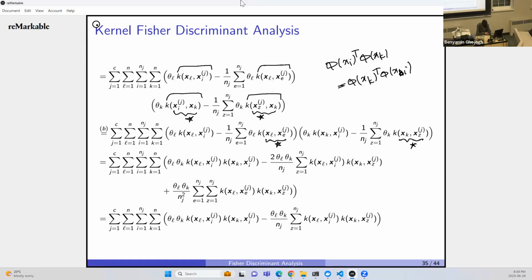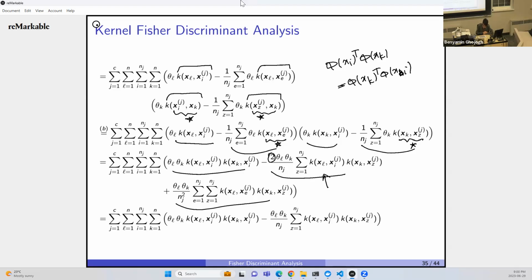Then I'm multiplying the terms to each other. I have 4 terms. Let's multiply them to each other. I will end up with this and this, and because I have 2 of them, I add them together.